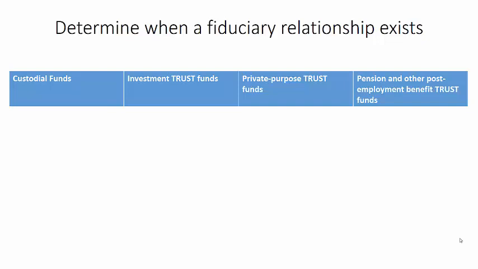Now, something we need to consider, as we have learned about this in our earlier discussions, if assets are held in trust for the benefit of the government's own programs or the government's citizens, we discussed that type of fund being covered as a governmental fund.